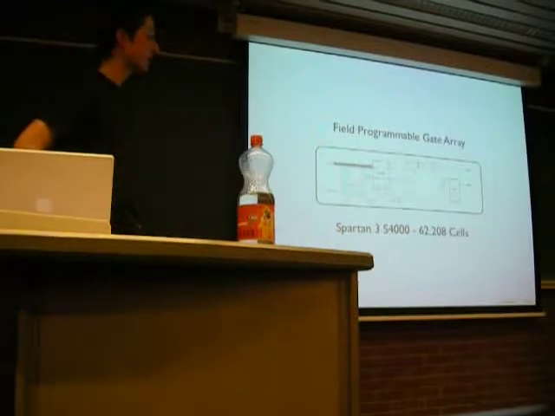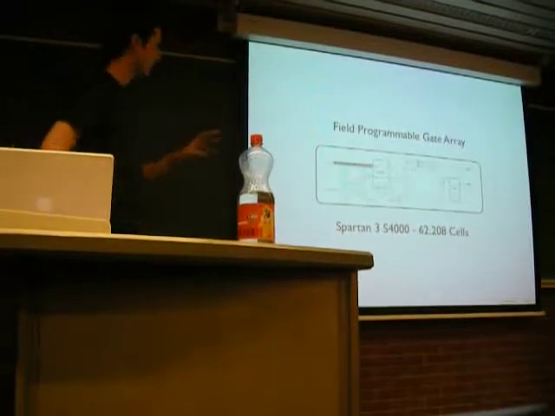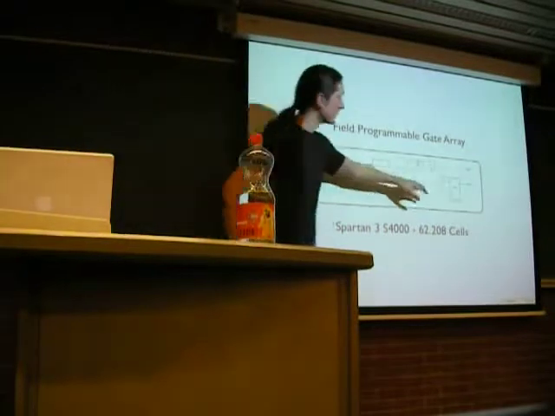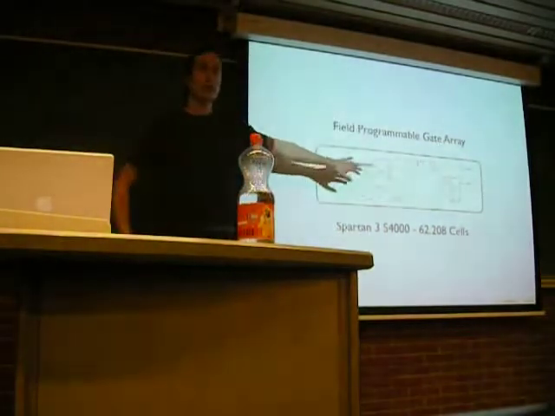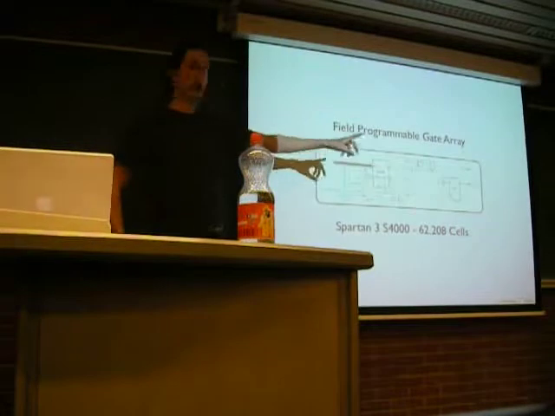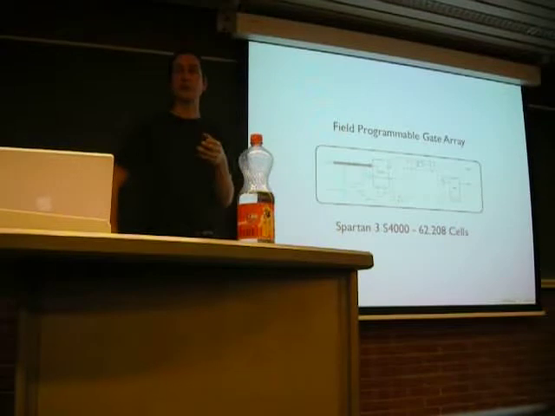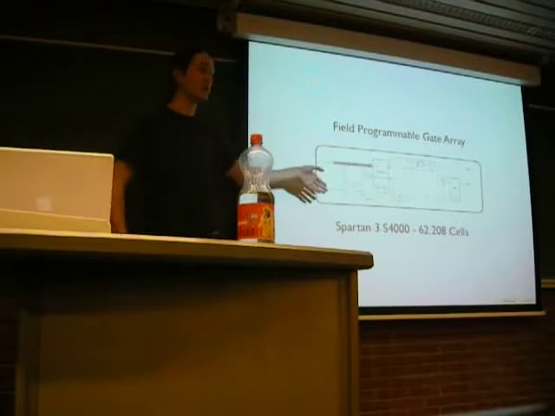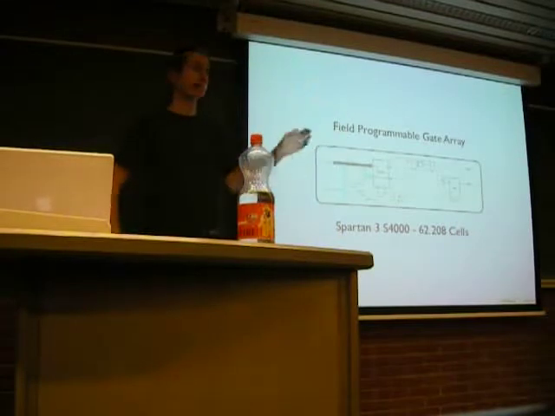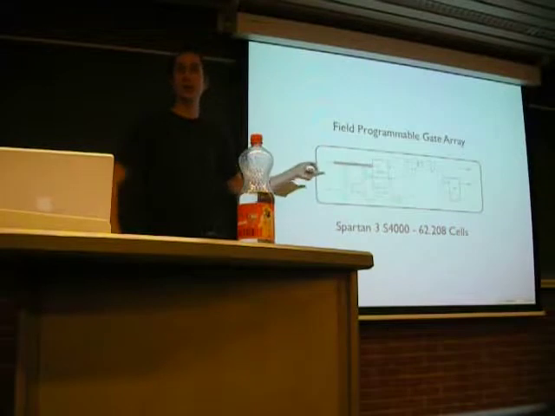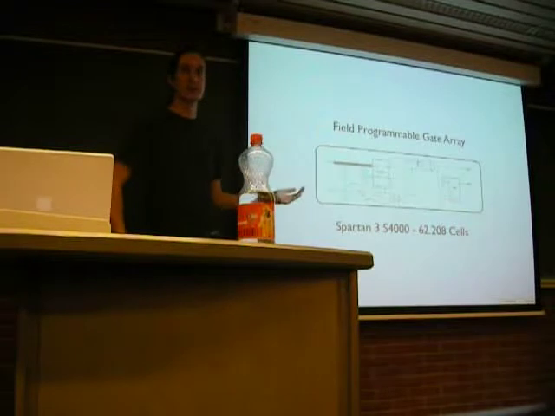Really, an FPGA has 2 main components. The first part of this here, same part as that there, this is a lookup table. Really, it has 4 inputs and 1 output, and you can define for each combination of inputs what the output is supposed to be. So if all the inputs are 0, I want the output to be 1, and then if all but 1 input is 0, then I want the output to be something else, etc. And I can define those 16 combinations.